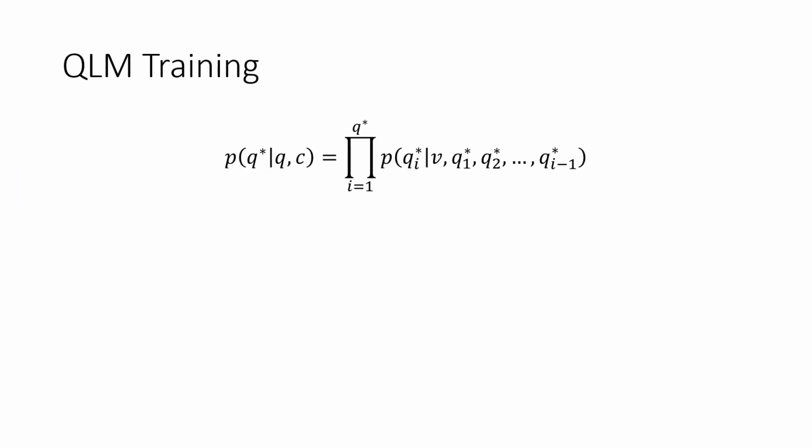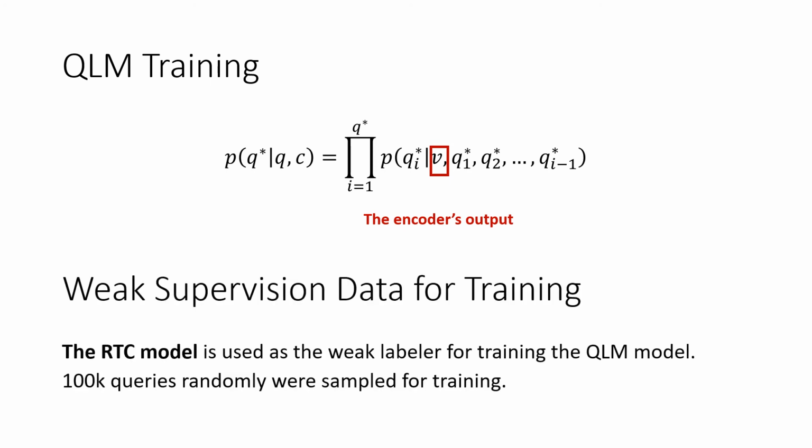The training of these models is based on maximum likelihood. So the objective is to maximize the likelihood of generating the clarifying questions observed in the training set. In this equation, V is the encoder's output. Because we don't have training data for this model, we use weak supervision.